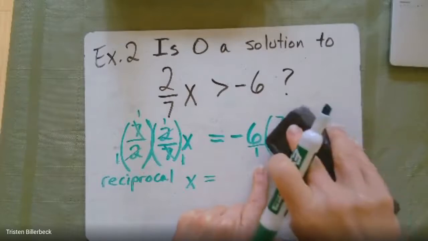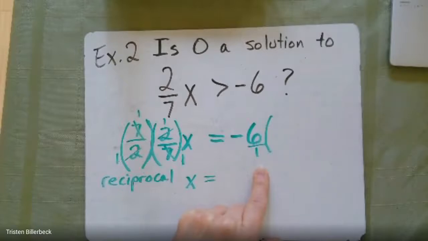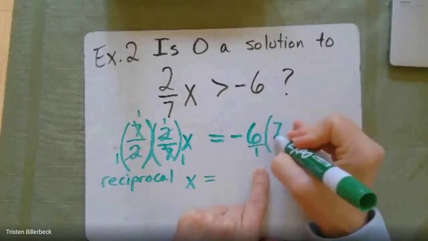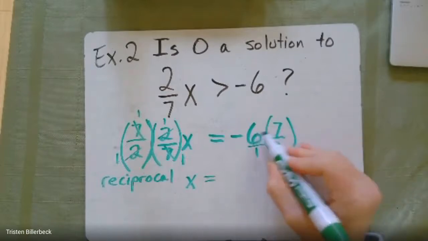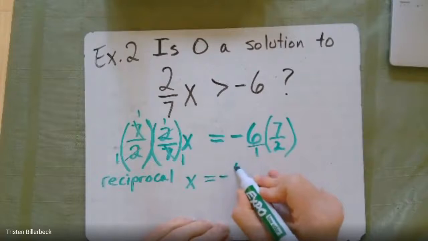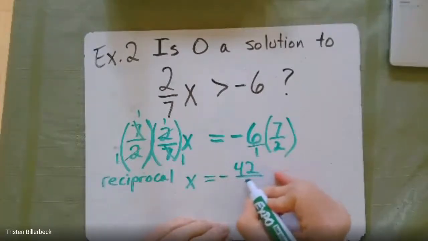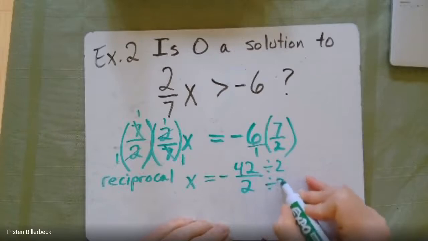We're dealing with some scary fractions, so let's not reduce this just yet. We are going to reduce it, though. So 7 times 6, and there's a negative there, is 42 over 2. They both are divisible by 2.